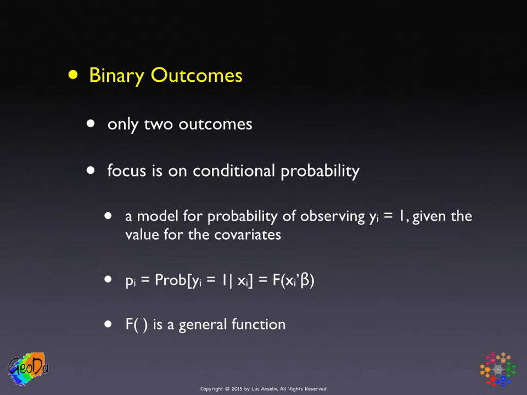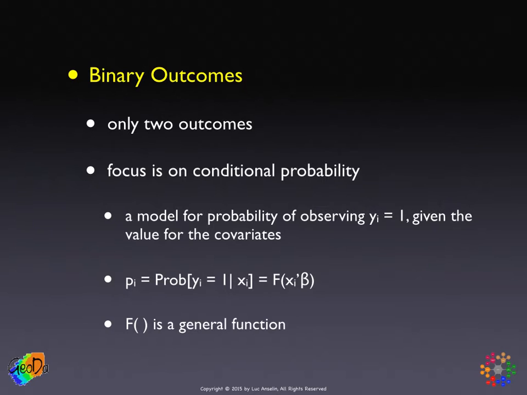So what is the probability that something happens given that you have measurement on some characteristics of that event or of the person participating in that event? For example, you're interested in people's choices of public transit versus a car. So you do a survey and you ask people, do you take the bus or do you take your car? And so taking the bus would be a 1, taking the car would be the 0, and then you have income, education, type of job, distance to work, etc.